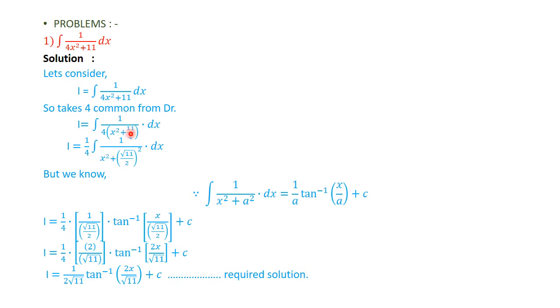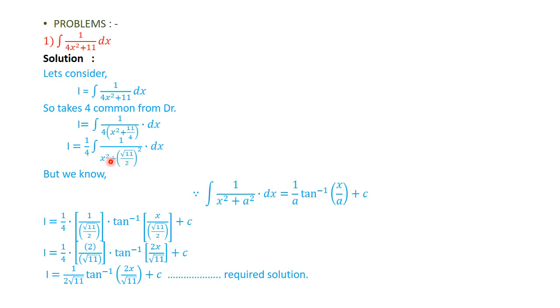The remaining terms are x square plus, and this term can be written in square form as root 11, because 11 is not a perfect square, so we write it as a square root. So root 11 by 2, since the square root of 4 is 2, bracket square dx.